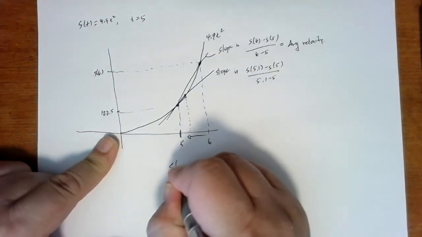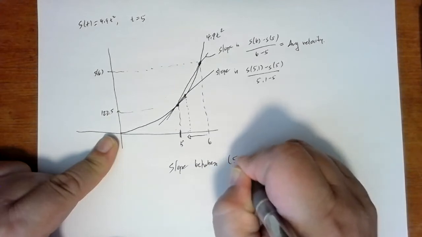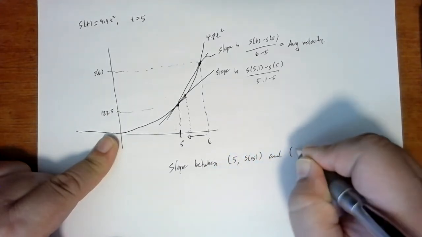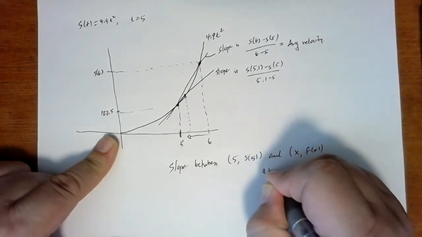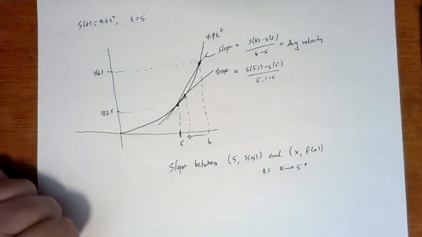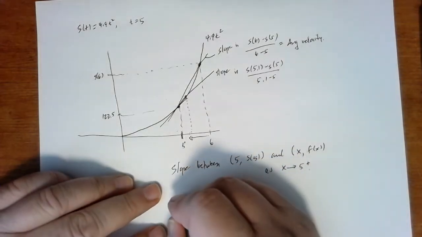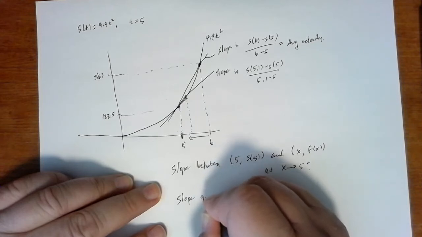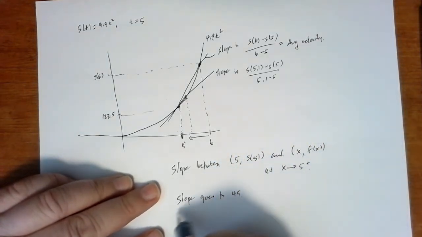So we're computing the slope between 5, s of 5 and x, f of x as x approaches 5 from the right. Okay, and so what we found previously, on the last page, is that the slope goes to 49.